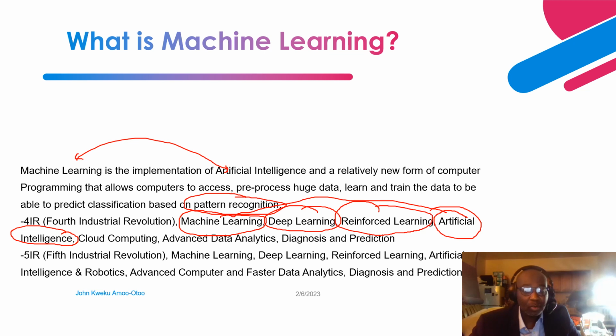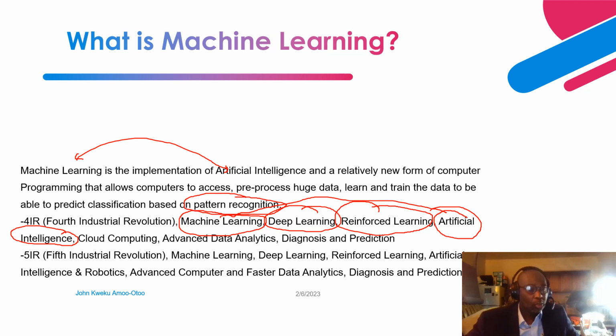Reinforced learning also evolved. As part of all these algorithms that are so important for the fourth industrial revolution that we are currently in, it combines with cloud computing and advanced data analytics to be able to diagnose and also predict based on pattern recognition.